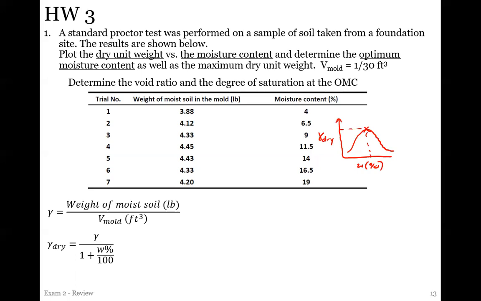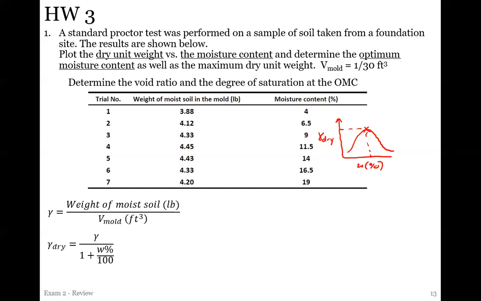And that's an important property because that's the moisture content at which the soil can achieve its densest state. Again, thinking physically here, if the soil has too much water in it, then as we apply energy to that soil, the water is going to distribute the energy away from the particles. So we will not be able to achieve a dense state.